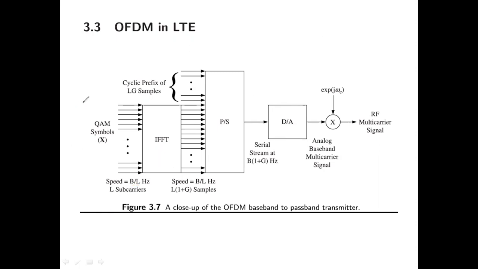Your actual samples are X, but then you are taking the cyclic prefix also, right? As we discussed, the last few of these symbols will be appended here in the beginning, to make a data word which is a bit longer. This is the overhead, and we discussed it in great detail. So how to decide the cyclic prefix?